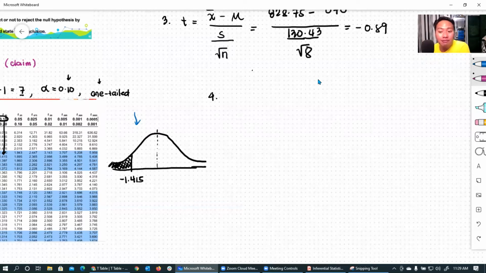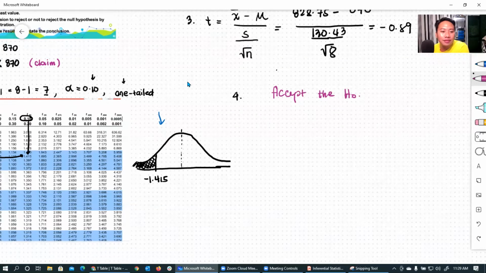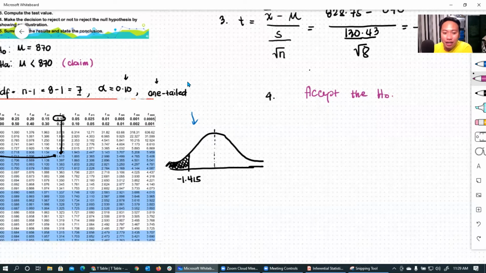The white or the acceptance region? So in other words, this is a hypothesis test where we are going to accept the null hypothesis, because negative 0.89 is somewhere here, in the acceptance region.